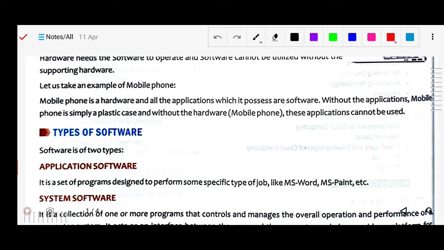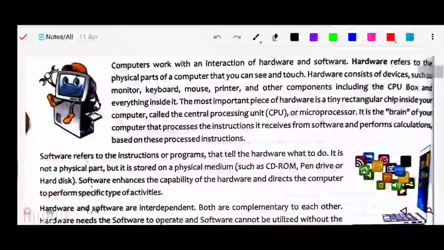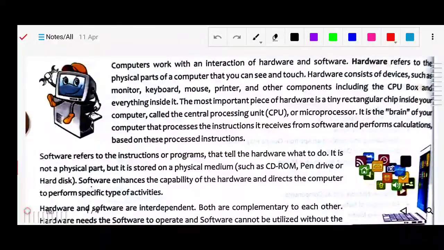It is basically a set of instructions that tells the hardware what to do. It is not a physical part, but it is stored on a physical medium such as a CD-ROM or pen drive. We cannot touch and feel software.